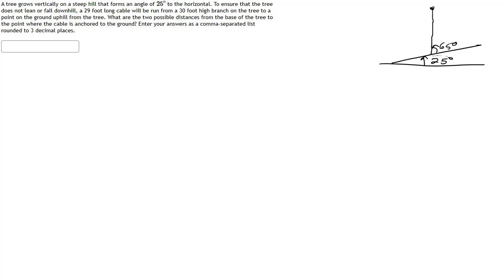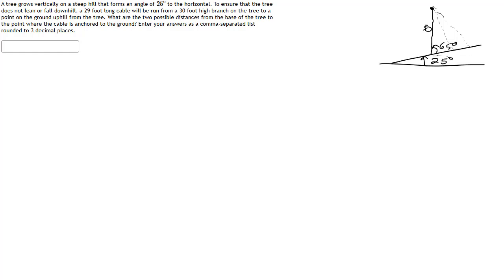And then, according to the problem, we're going to attach a rope up here at 30 feet tall, and we're going to have a 29-foot cable, which seems impossible, right? Because it's less than the 30, but we have a slope here, so the ground is getting closer. So what's going to happen is you're going to have two options: a cable that hits close, or the cable will hit far away.